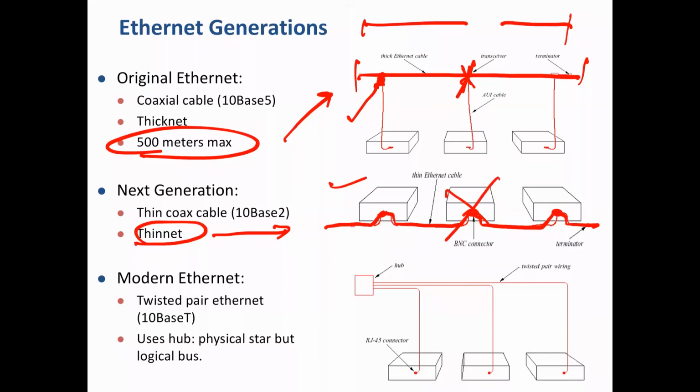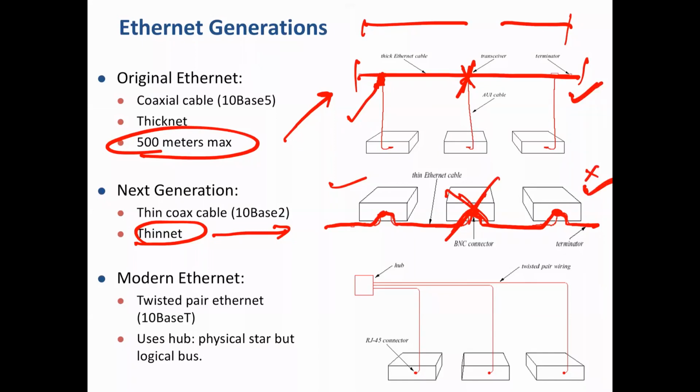Because it's not a passive piece of equipment, right? It's an active piece. The machine has to be switched on, right? This was very popular for a few years, and then came this method.